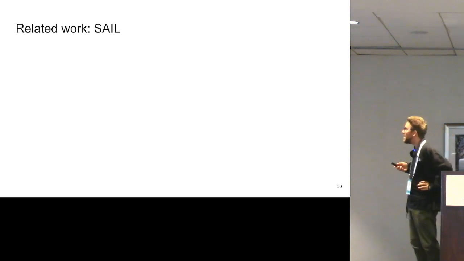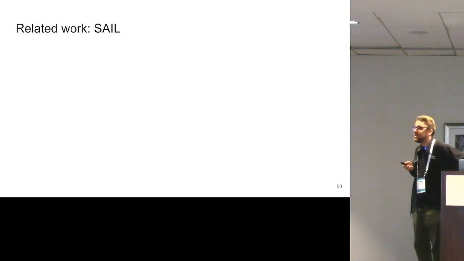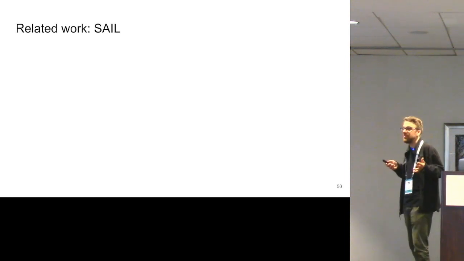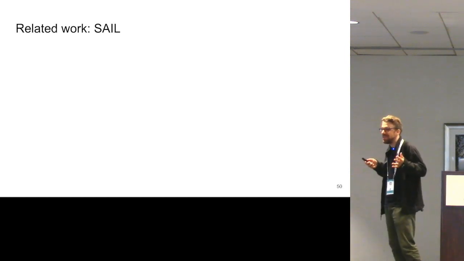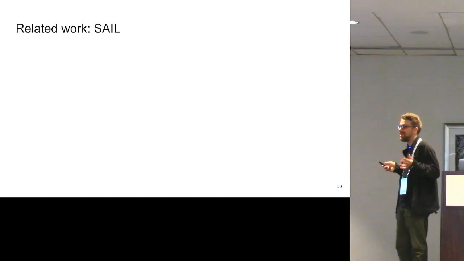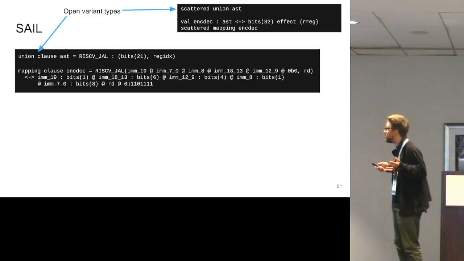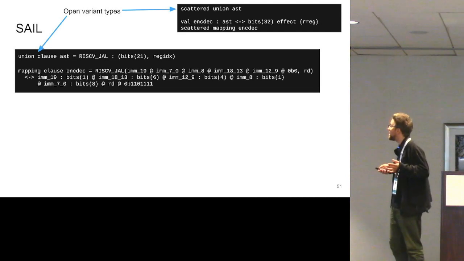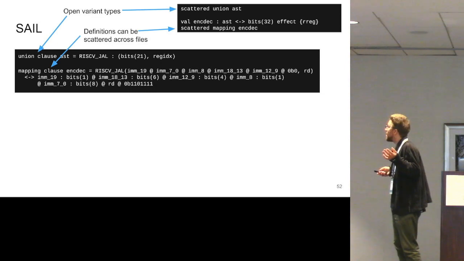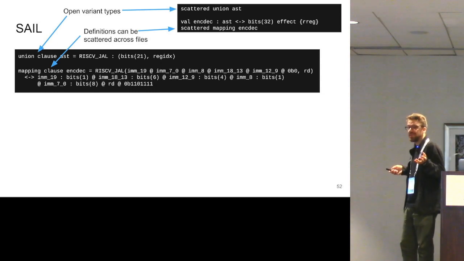Some related work. Sail is really the main competitor in the area, and Sail is a domain-specific language. And of course, if you make a domain-specific language, you can put a lot of super handy little features into it that make your life much easier. For instance, they have open variant types that they can scatter over several files, and the definitions can be scattered across several files too.